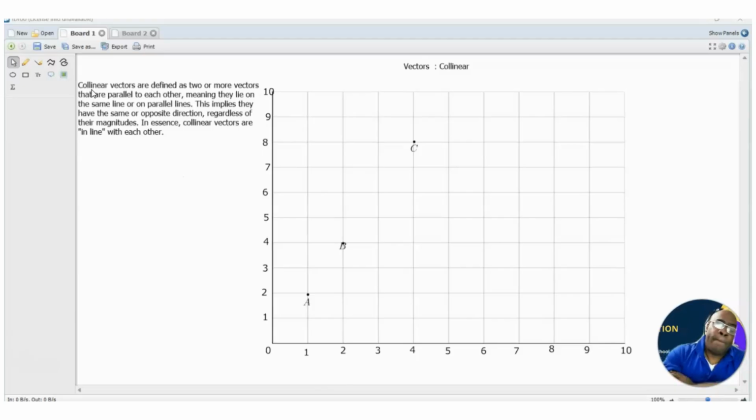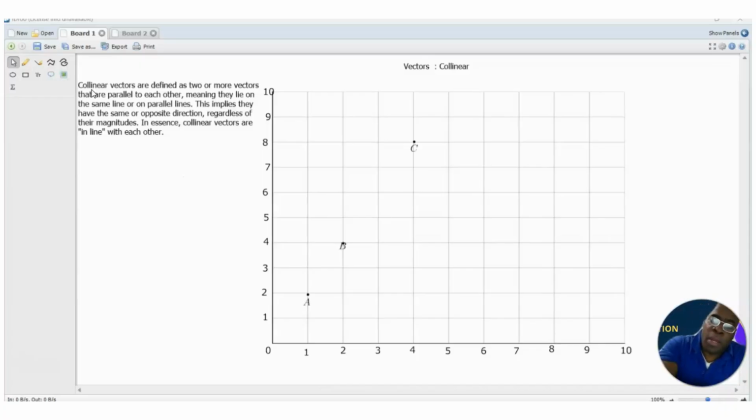So, two things I will look for when we're looking at the collinearity of vectors is if they're on the same line or if they are parallel. Many times you're asked in the exam to show that specific vectors are collinear, or they lie on a straight line, or they're on the same line, or they're parallel.